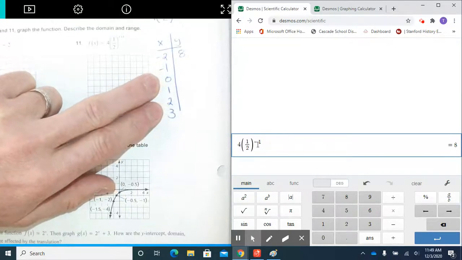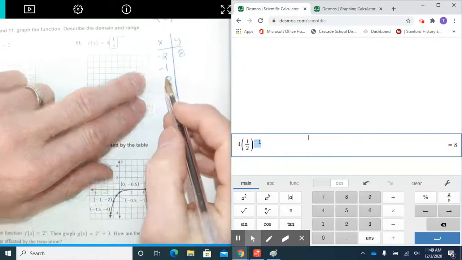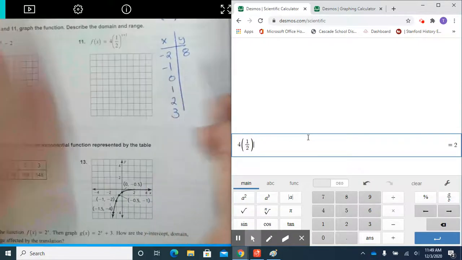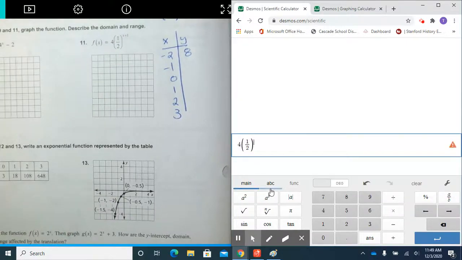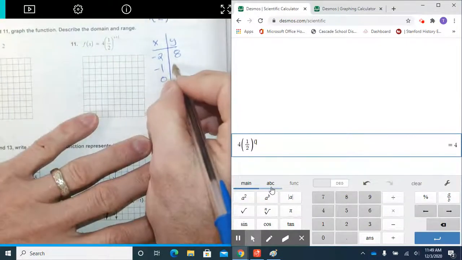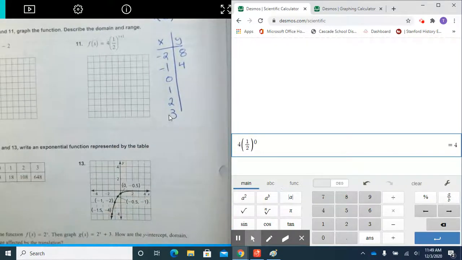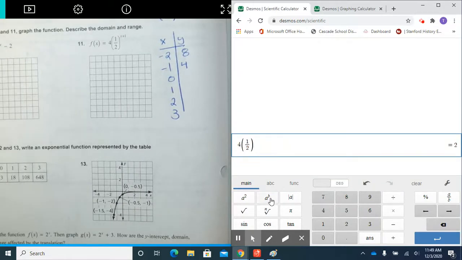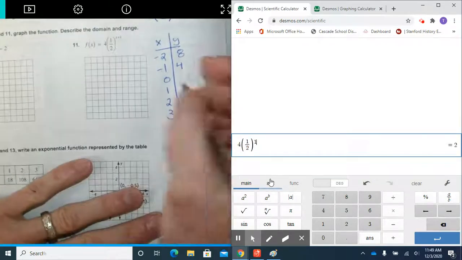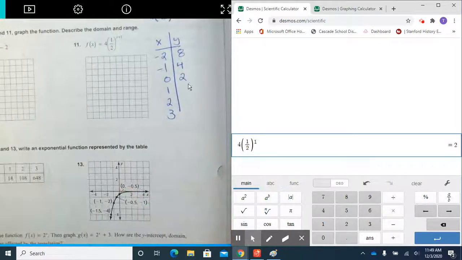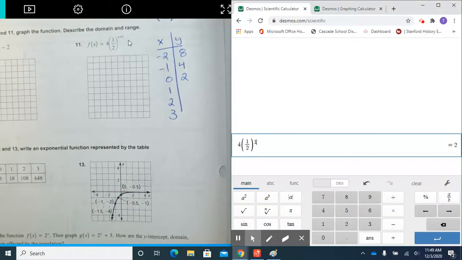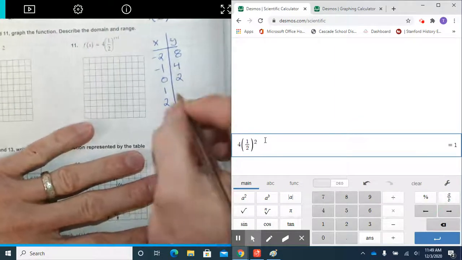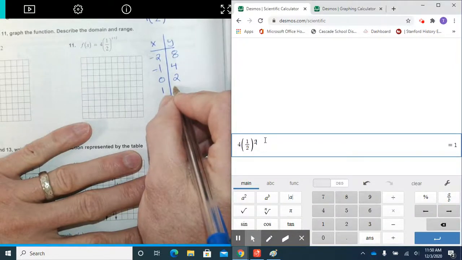And then if I have -1, -1 plus 1 would be 0. I have to make sure it's in the exponent value, 0. So the -1 is 4. If I have an x value of 0, that would mean this is 1, so it's 2. If I plug in an x value of 1, that would be 1 plus 1, so that would be 2, and I get 1.